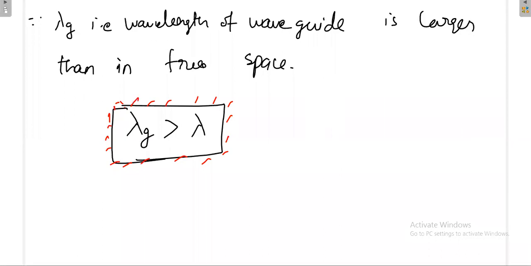The next topic is the cylindrical waveguide, or otherwise you can call it a circular waveguide. What is the shape of it?